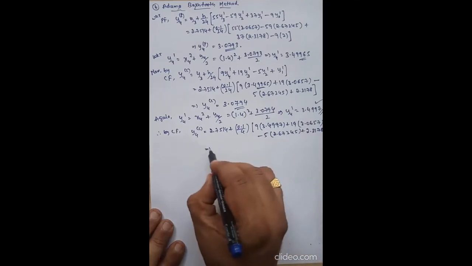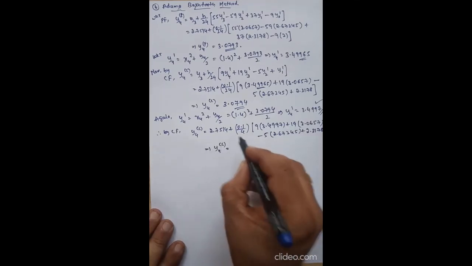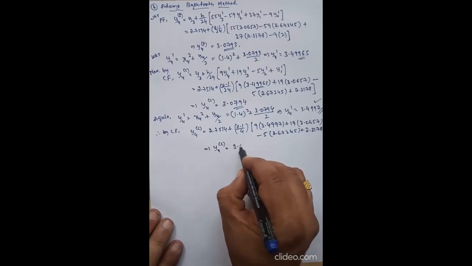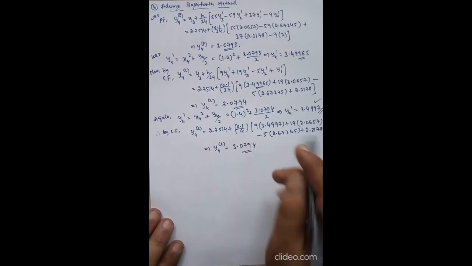Now use your calculator and simplify this. You get y4 power c equals 3.0794 once again.